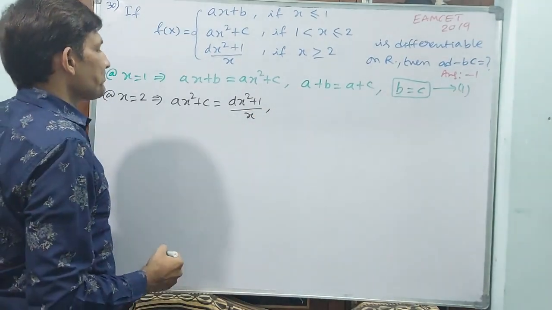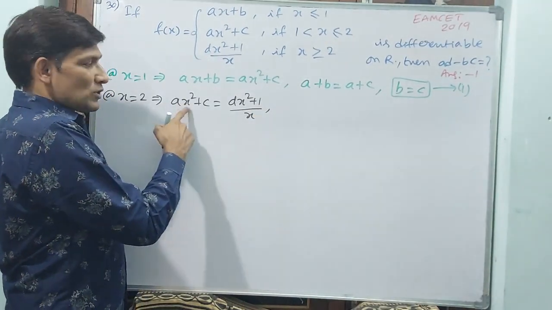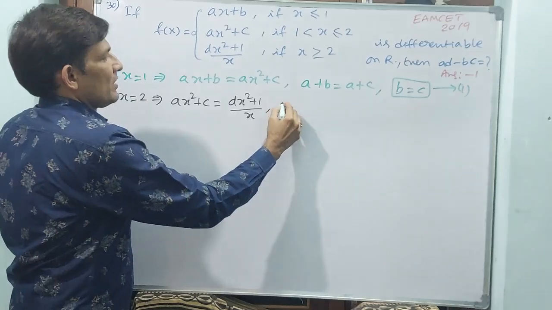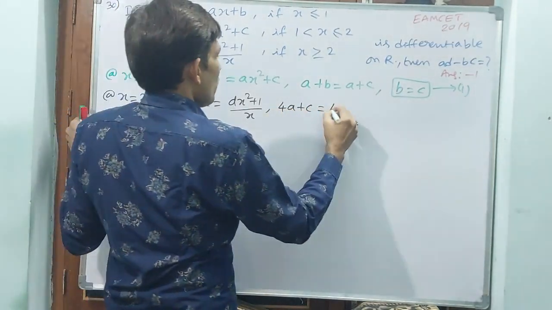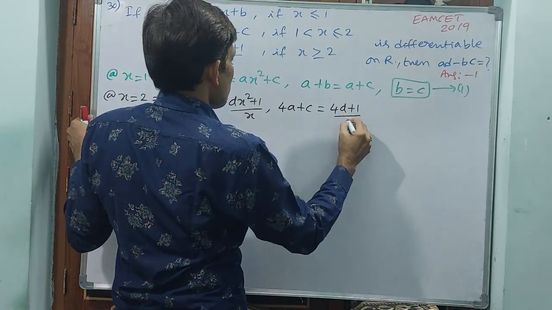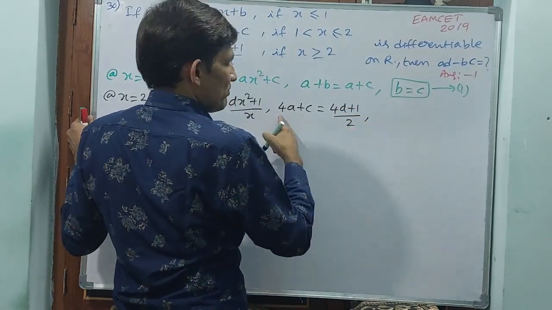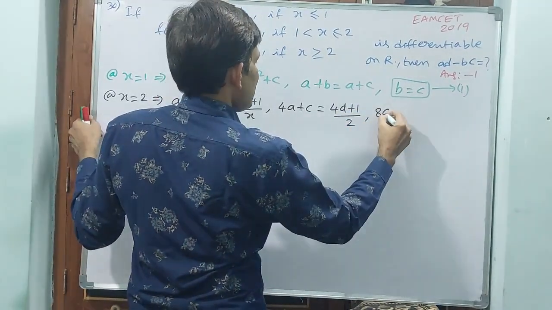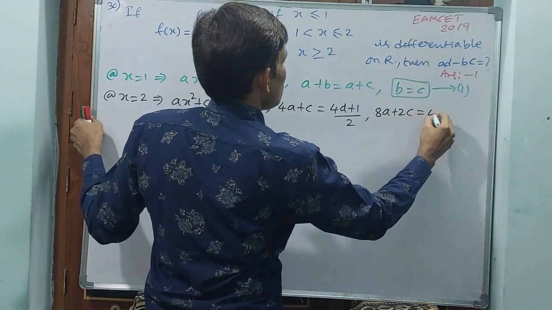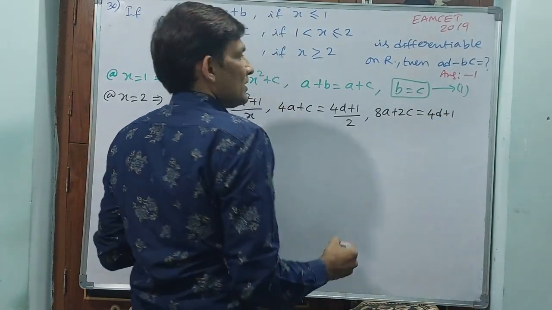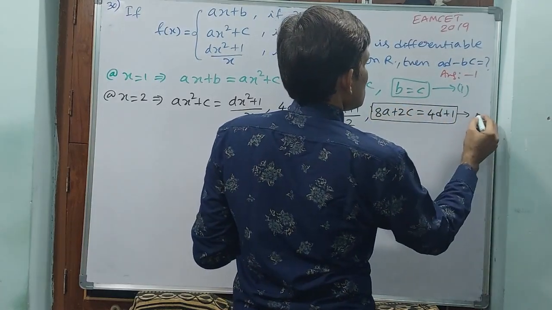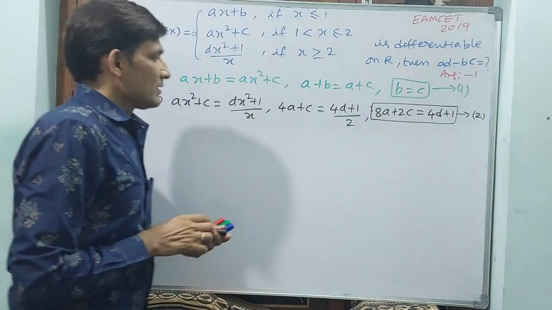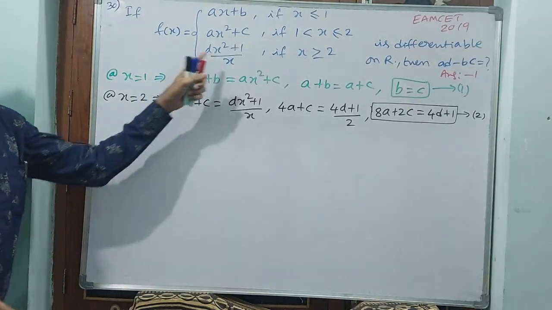Substituting 2, we get 4a plus c is equal to 4d plus 1 by 2, or else cross multiplying, 8a plus 2c is equal to 4d plus 1. This you take as equation number 2. These are for continuity.